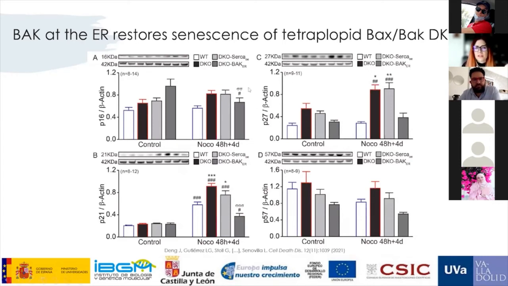In control and after the treatment, we observed that mainly DKO cells with BAK at the ER restore the levels of senescence markers such as P16 and P21 of DKO cells to the wild type levels. For P57, in fact, there was no activation neither for wild type nor for DKO BAK at the ER.